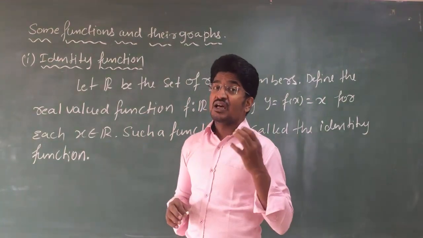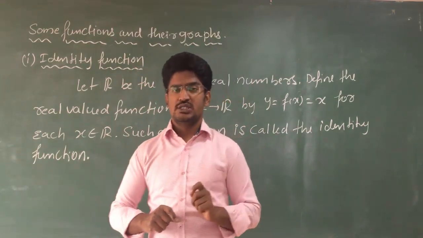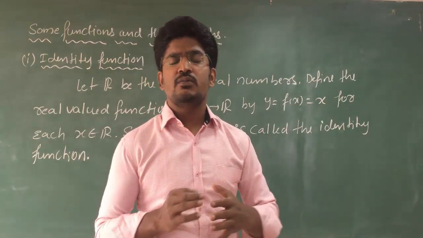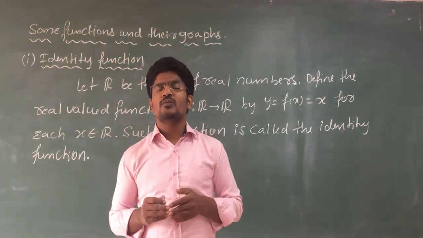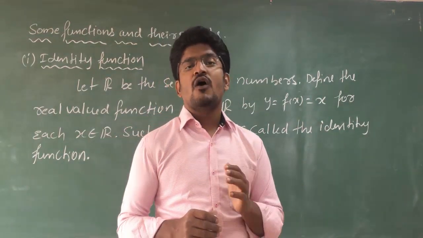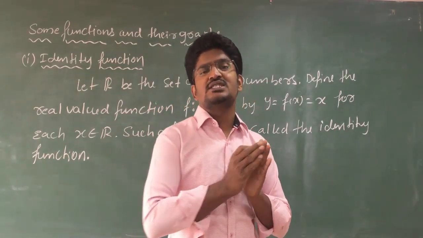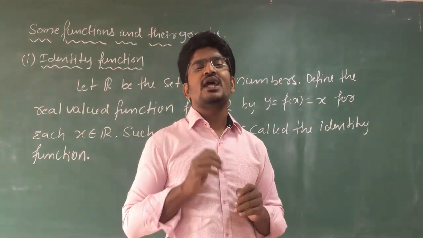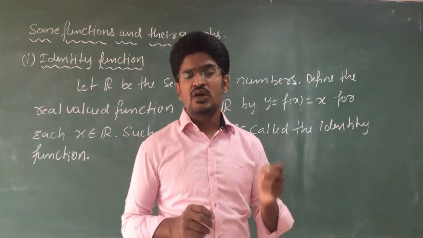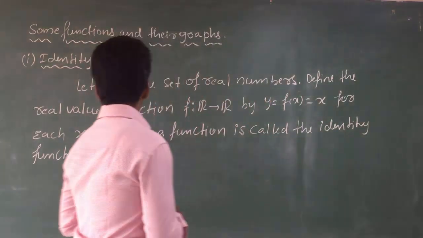Here all the functions are going to be real valued functions. That means the domain and codomain are going to be the set of real numbers or a subset of real numbers. If this condition is given for domain and codomain, we say that this particular function is a real valued function. Clear? So now let us go through the identity function.